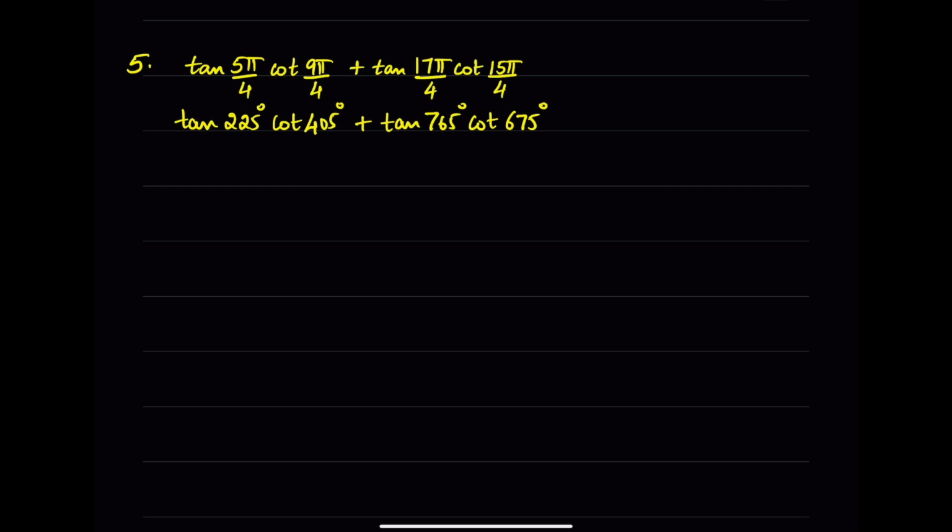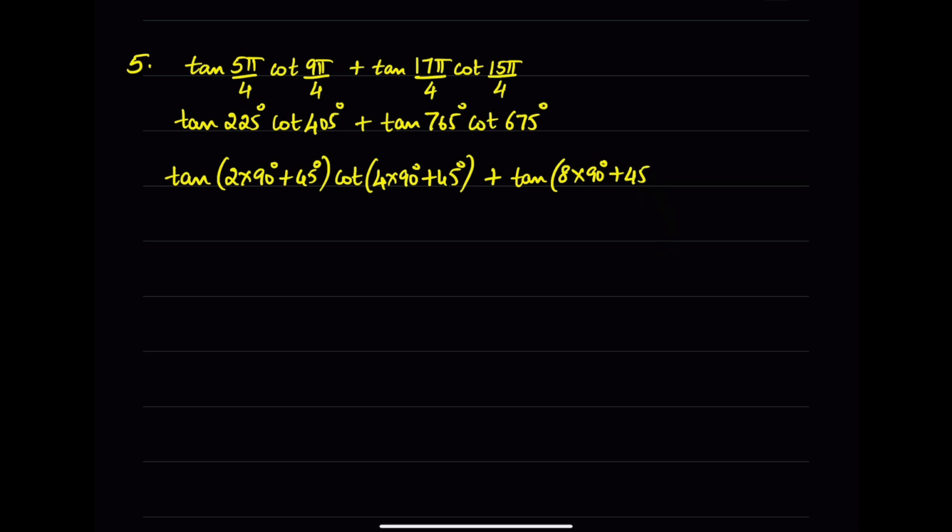Now let's see how we can solve this. This is nothing but tan of 2 times 90 plus 45 degrees, and cot of 405 can be written as cot of 4 times 90 degrees plus 45 degrees, plus tan of 765 can be written as tan of 8 times 90 degrees plus 45 degrees, and cot of 675 can be written as cot of 7 times 90 degrees plus 45 degrees.